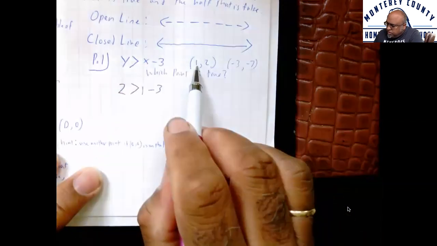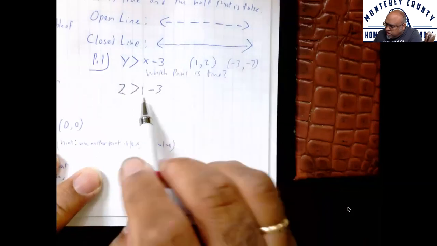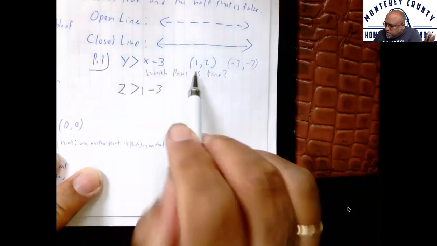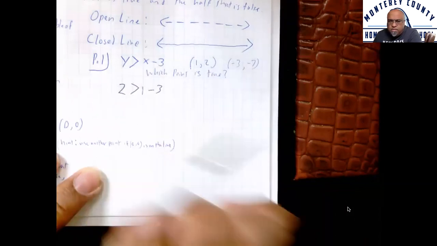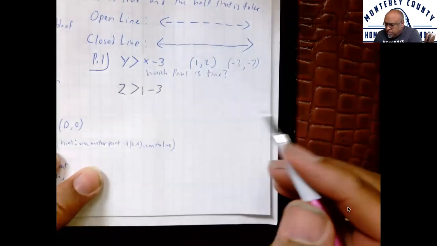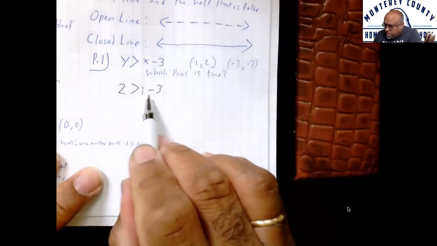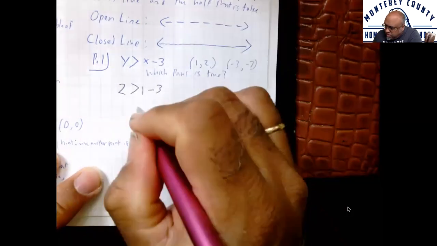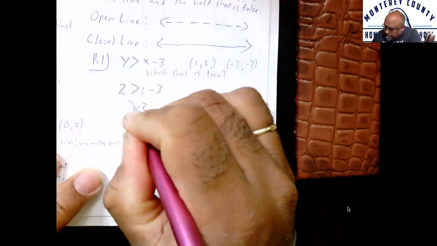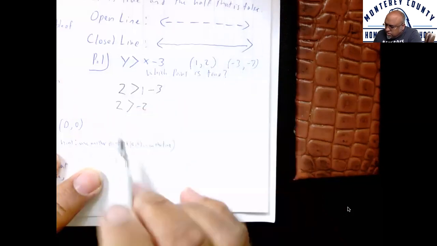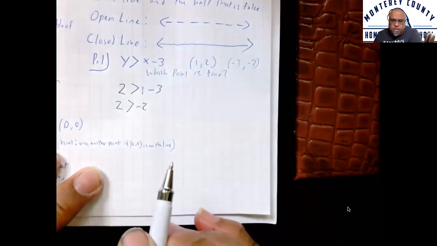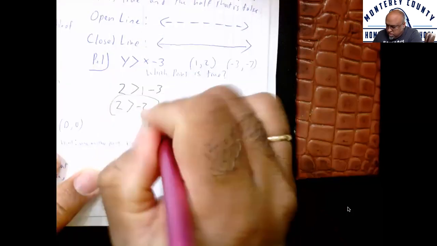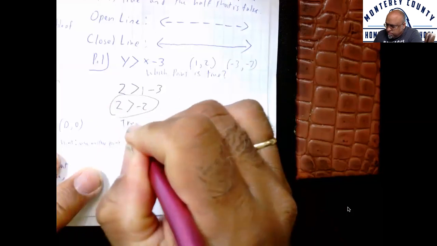Here's the point (1, 2). 1 is my x value, 2 is my y value. Now I'll go ahead and simplify. 1 minus 3 would be negative 2. So is 2 greater than negative 2? Yes, that is true. So that statement is true.